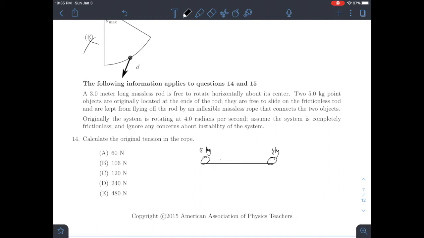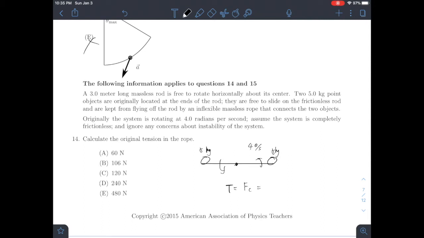So first, let's draw a diagram. We have two masses connected by a rope, rotating about the center at an angular speed of 4 radians per second. Now, what is the tension in the rope? Well, we know the tension is equal to the centripetal force of one of the objects, because the tension force is the one acting as the centripetal force.